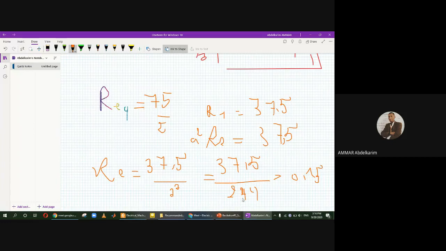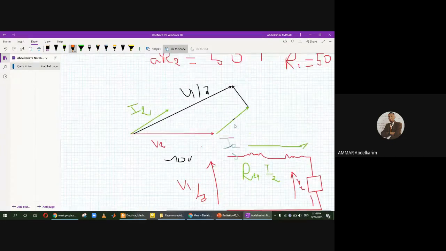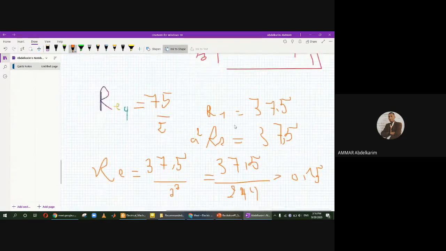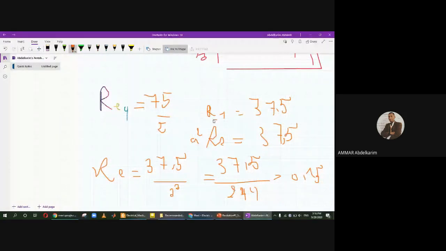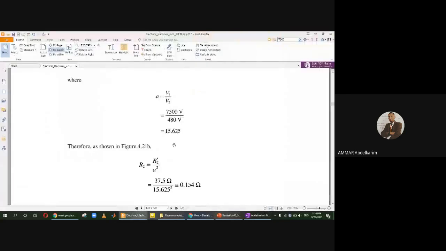So this is R2. Be careful: not R1 equals R2. R1 equals A square times R2. So this is the approximation, but it's still an approximation.